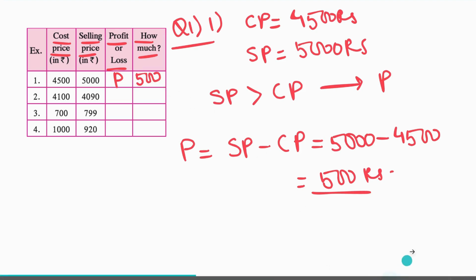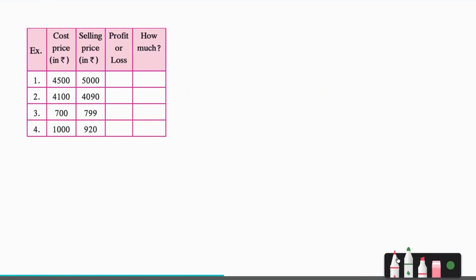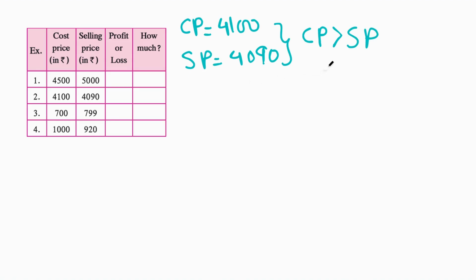Now let's do the second question from question number 1. In this question they have given the same things, just the numbers are changed. So here the cost price is 4100 and the selling price is 4090. Now here the cost price is greater than the selling price. This means it was a loss.